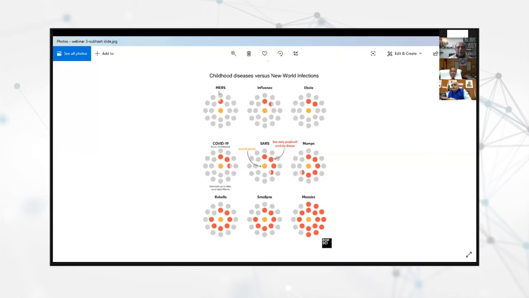The second circle on the top row on the slide is for common cold influenza, which shows that for every yellow dot of an index case, 1.5 contact cases get infected. The third one is Ebola, where for every index case, 2 get infected.